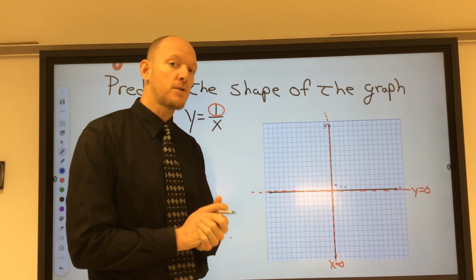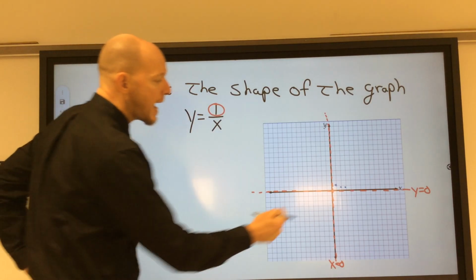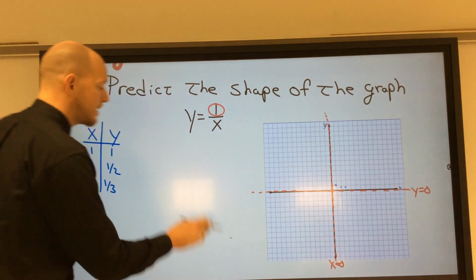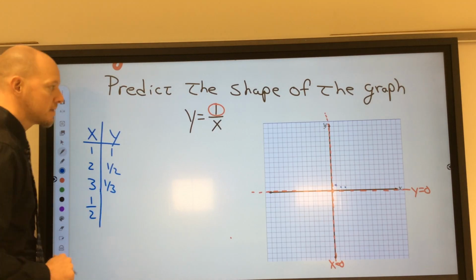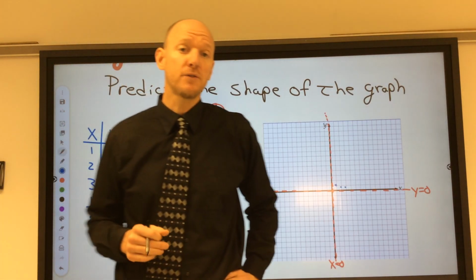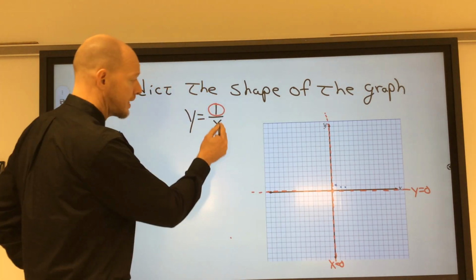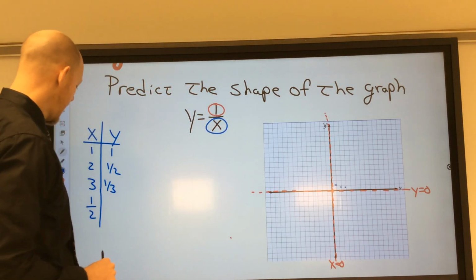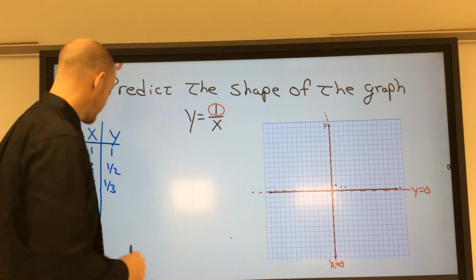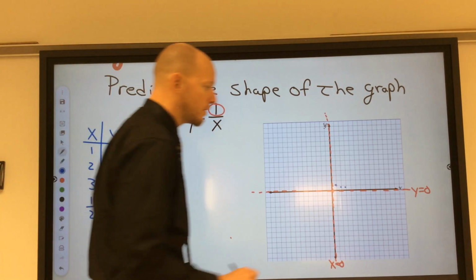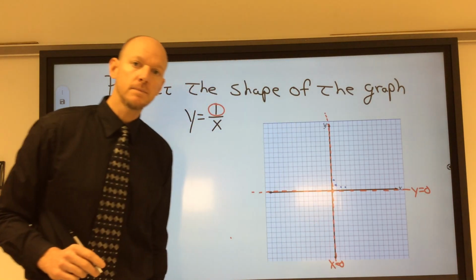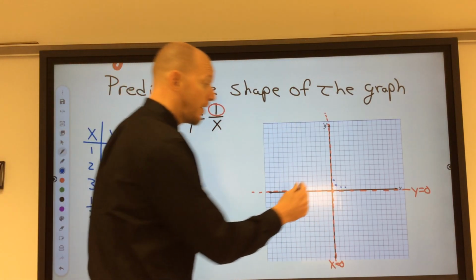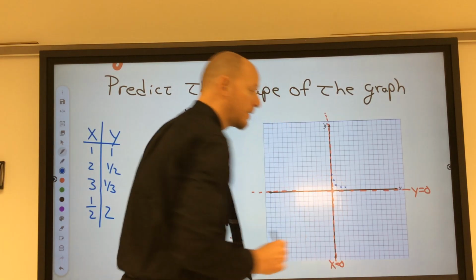Now let's go the opposite direction. What happens if I put, instead of a 1 in, let's go with 1/2. Well, now I have to actually remember that instead of dividing by fractions, I actually multiply by the reciprocal. So this would be a value of 2. So if I put 1/2, I get a value of 2. And if I put a third, I get a value of 3.